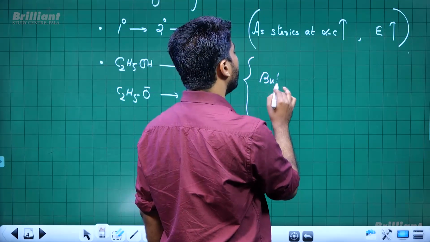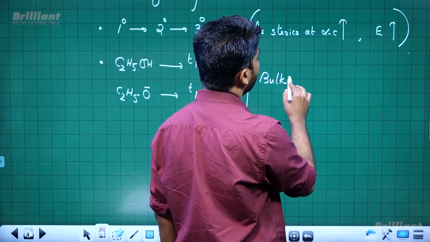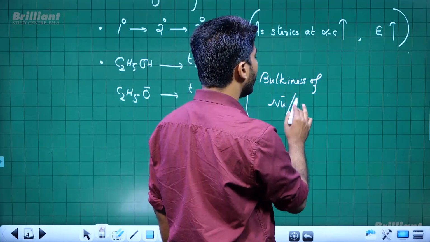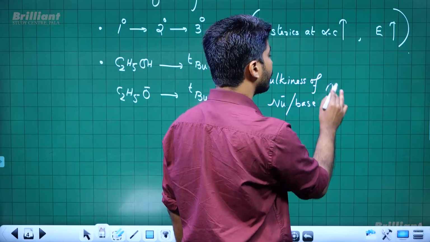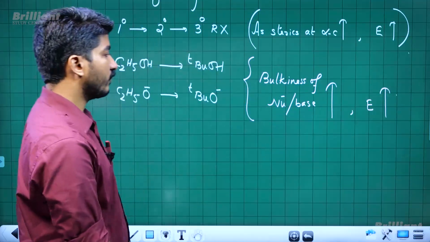That is, sterics at the base component increases, right? Bulkiness of the nucleophile or base increases, then also the preference for elimination increases.